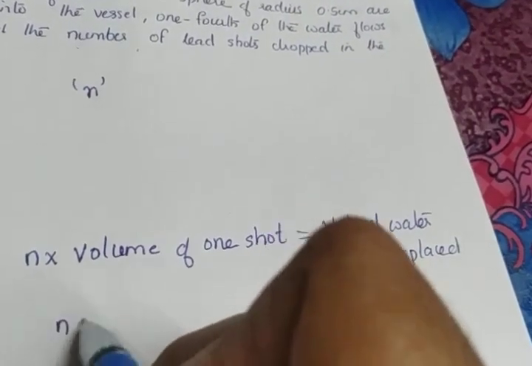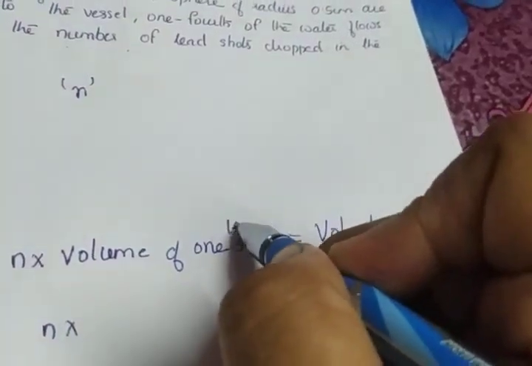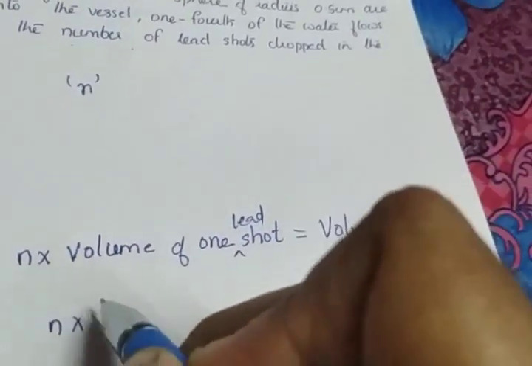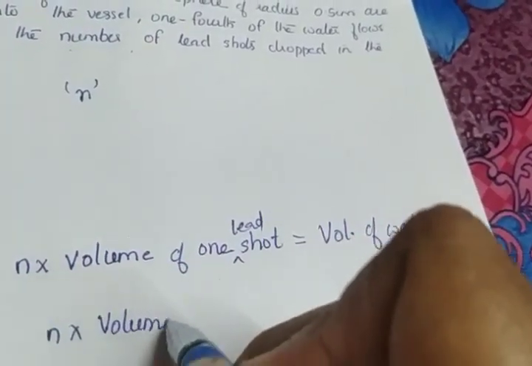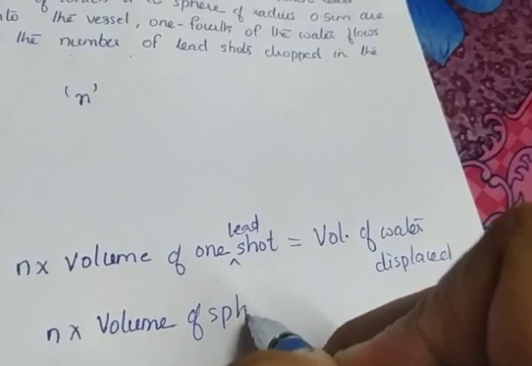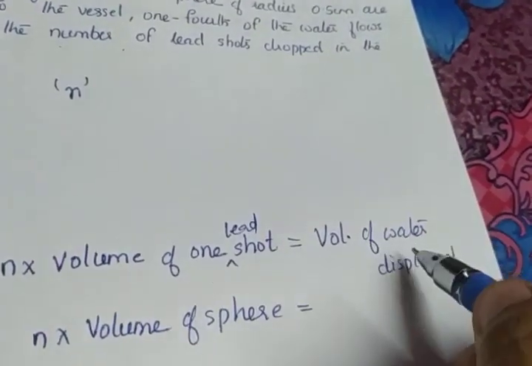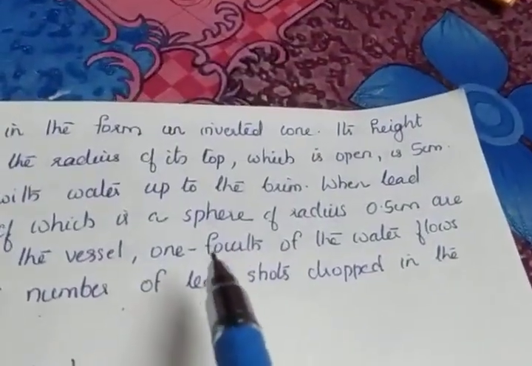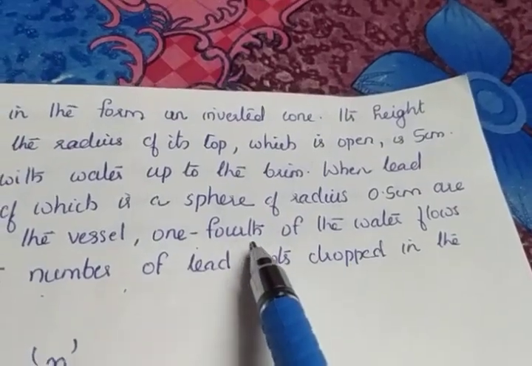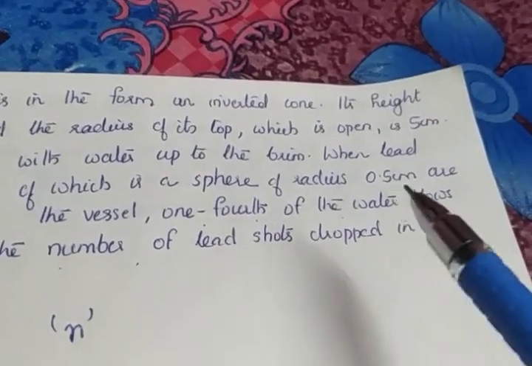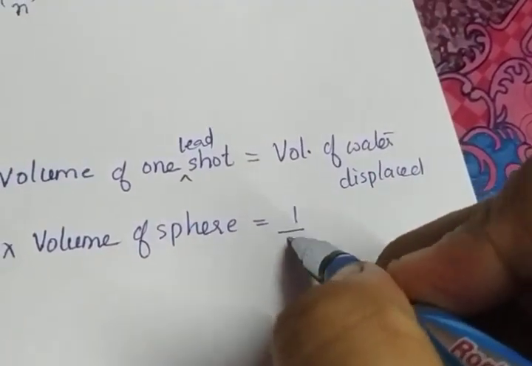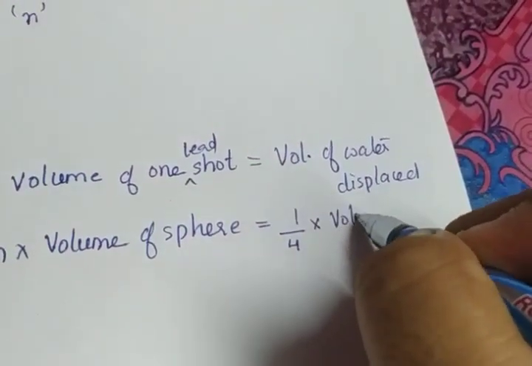That is n into the volume of one lead shot. What is the shape of the lead shot? It's a sphere. So volume of sphere is equal to, what is the volume of water displaced? It is clearly mentioned in the question that 1/4 of the water flows out. From where? It is from the cone, isn't it? So it will be equal to 1/4 of the volume of the cone.